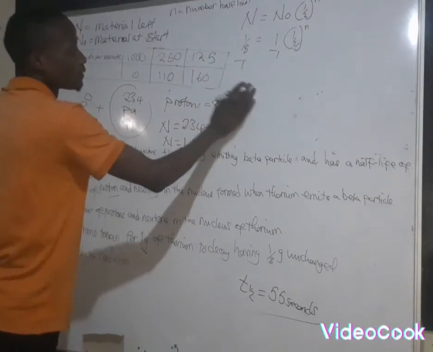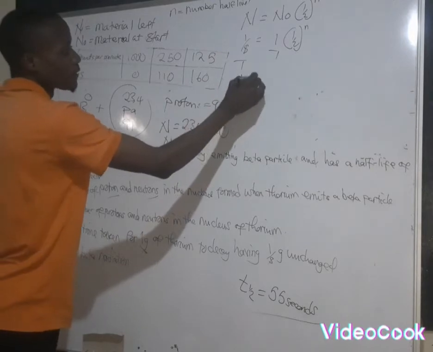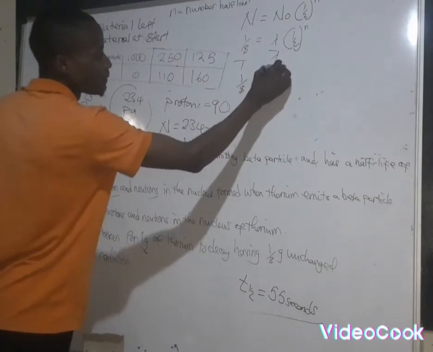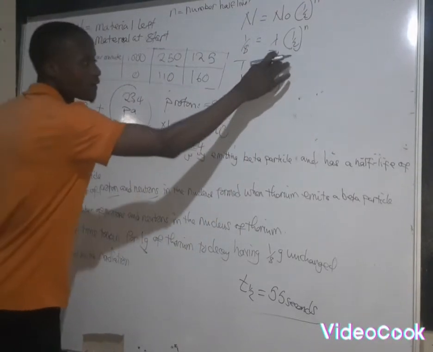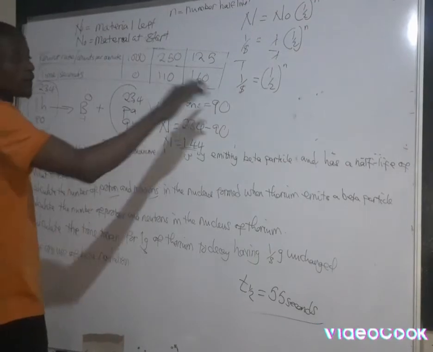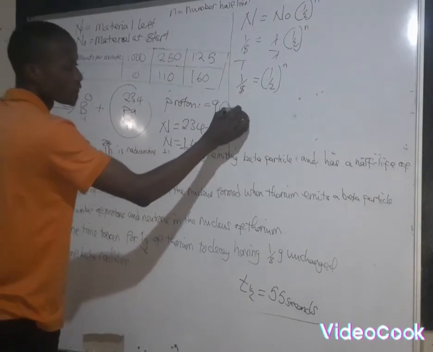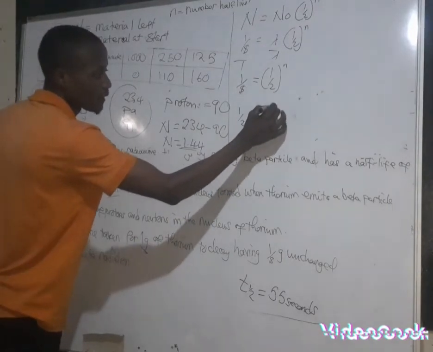So 1 times 1/8, we still have 1/8, which equals 1 remaining with 1/2 to the power n. Again, use the idea of indices to find the value of n, where you have to make these two have the same base, of which you have 1/8 equals 1/2 to the power n.